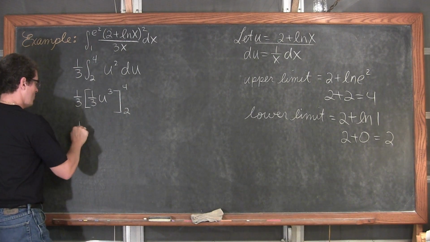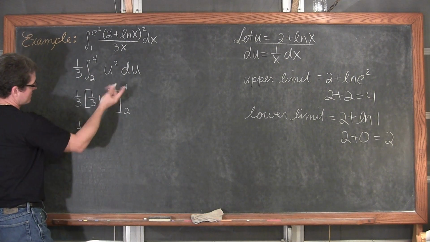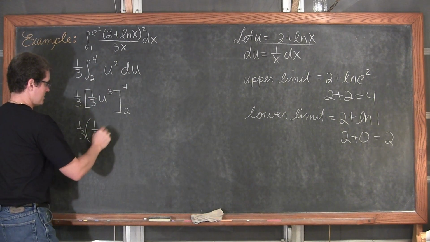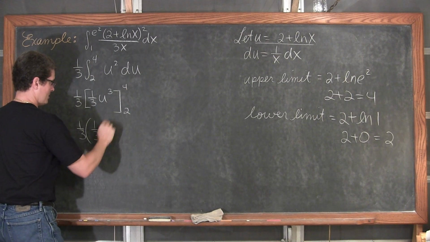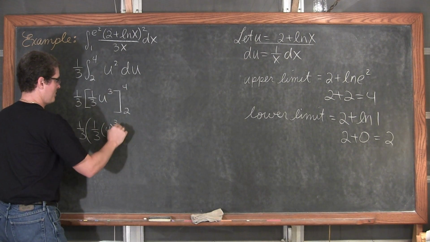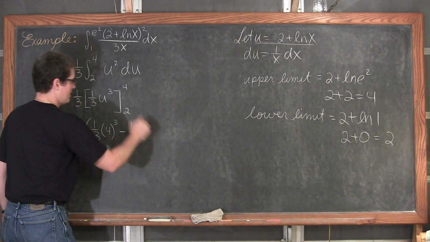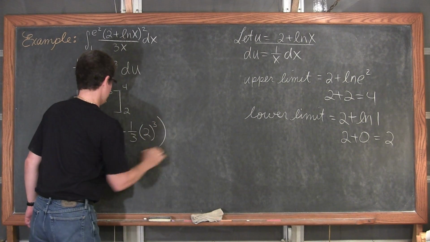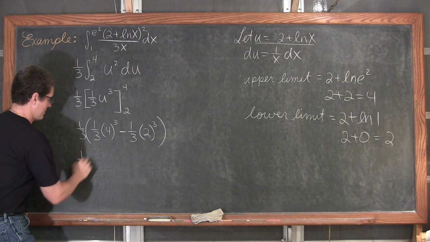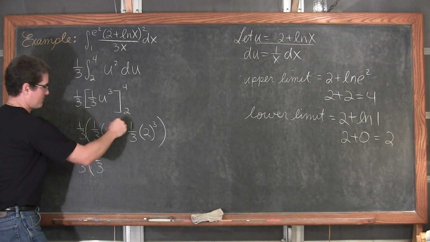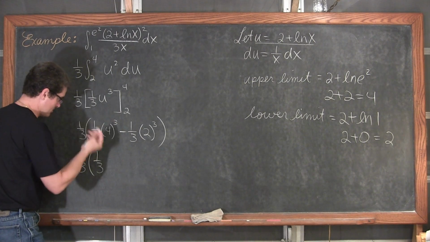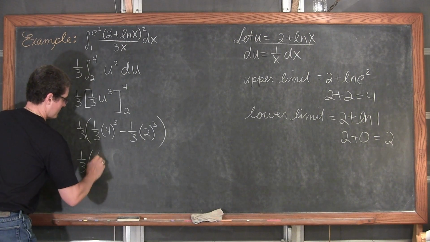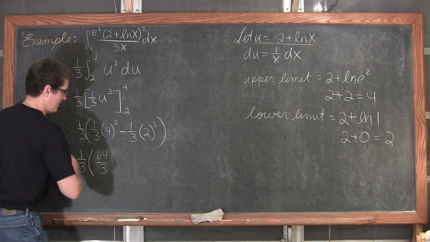Now we have 1/3. And I'm just going to leave the third there. 1/3 times the upper limit of 4 cubed, minus 1/3 times my lower limit of 2 cubed. And we've got 1/3 times 1/3. 4 cubed is 64. So actually, instead of writing 1/3, let's write 64 over 3.